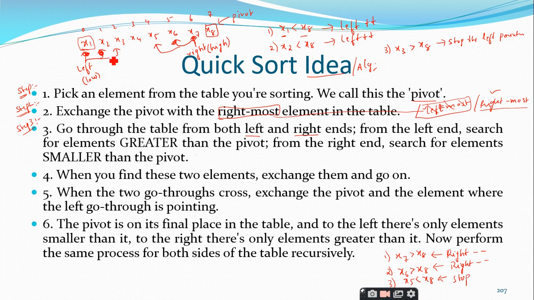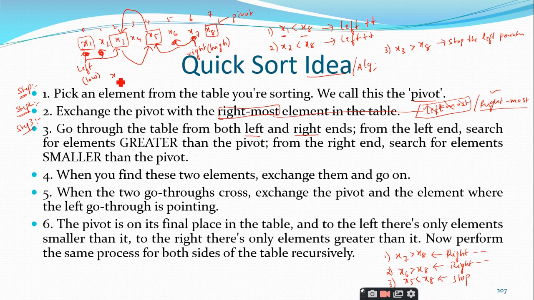Now, at this position you can see that x3 is greater than x8 and x5 is less than x8. So, for this case you have to swap this element with this element. Right. So, this is what happens here.